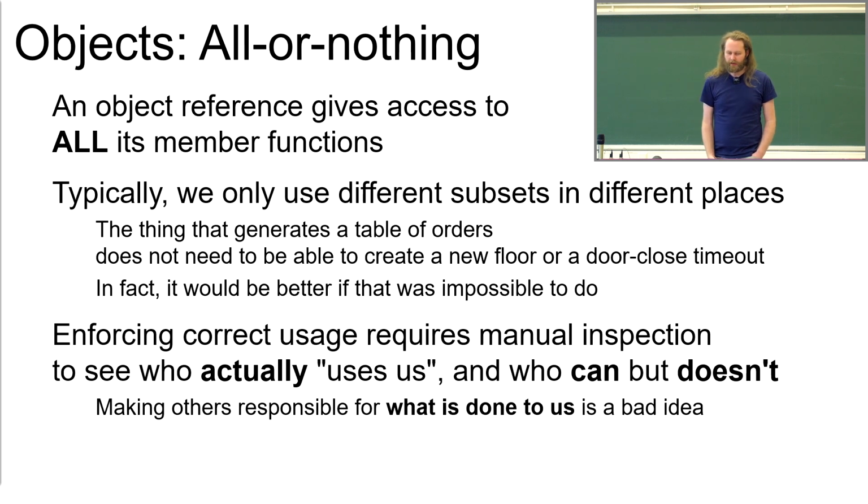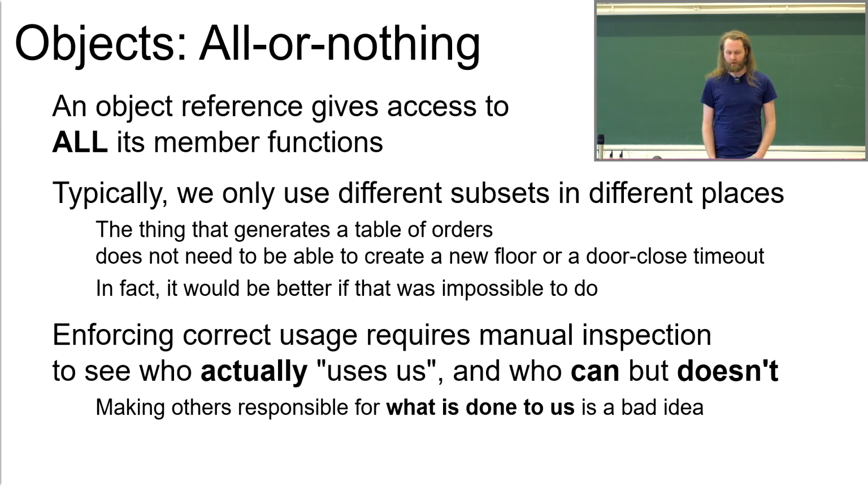So the moment we make it so that others are responsible for what is done to us, we have a bad time. We don't want someone else to be responsible for what is done to us. We want to be responsible for what we do. The moment we can get the responsibility in one place, and we can be responsible for it, and we can expose partial interfaces to everybody else so that they only can do what they need to do and nothing else, then our code becomes much easier to understand.